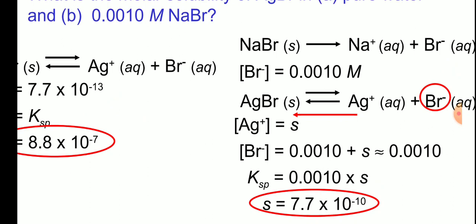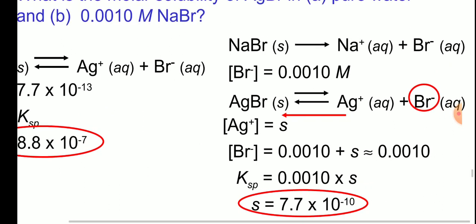So when AgBr comes into the solution, its tendency to form Br minus will decrease. The Ag plus and Br minus will not dissociate, but inversely will combine and form AgBr. In that case the solubility will be 7.7 into 10 to the power minus 10.